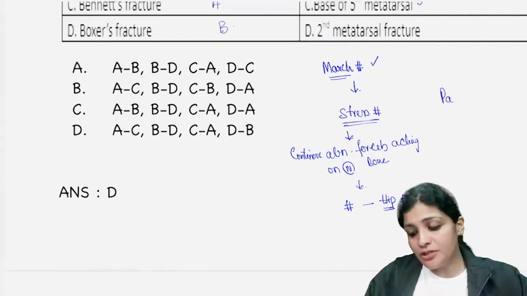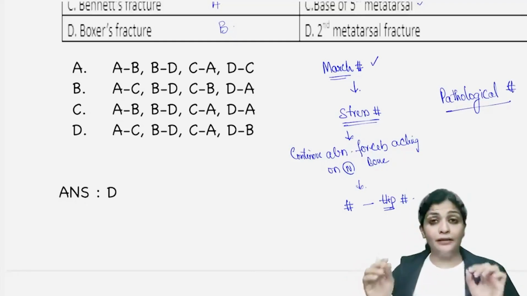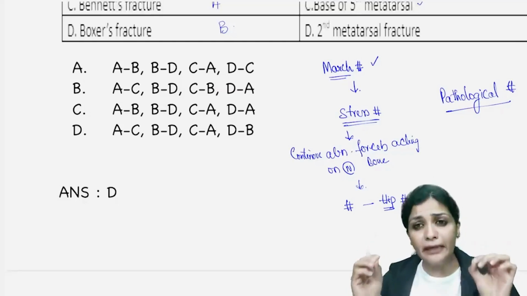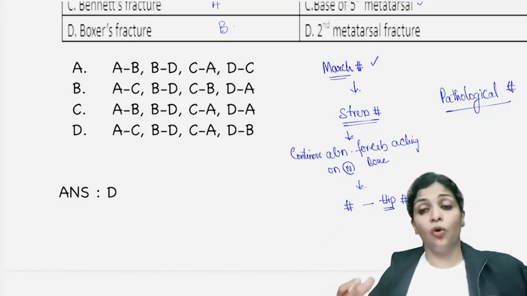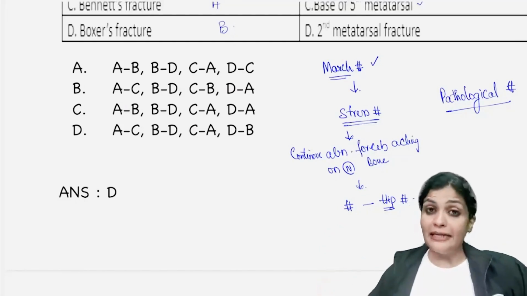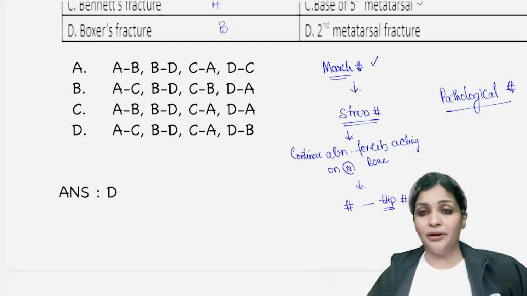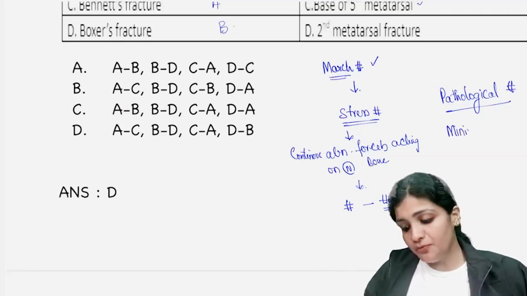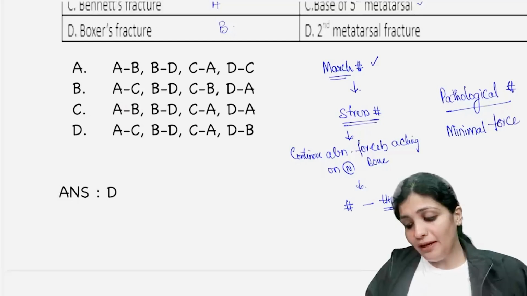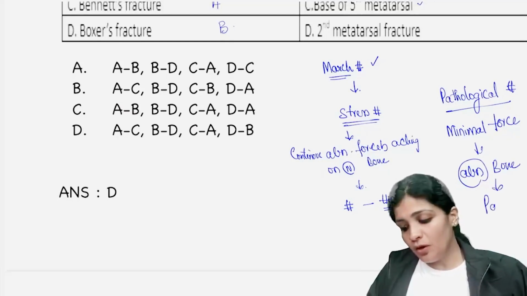Then what is a pathological fracture? Pathological fracture is again these abnormal forces, but please remember, these are very, very minimal forces, trivial forces, not aggressive forces like trauma. So these forces usually don't cause fracture in the bones, but because there is a continuous stress given to the normal bone, there is a stress fracture, and this minimal force when acting on an abnormal bone results in what is called the pathological fracture.